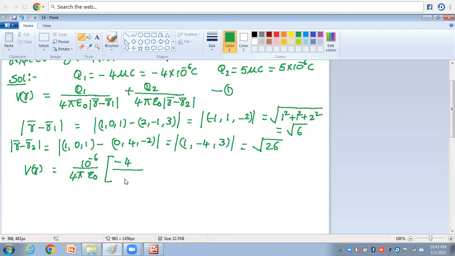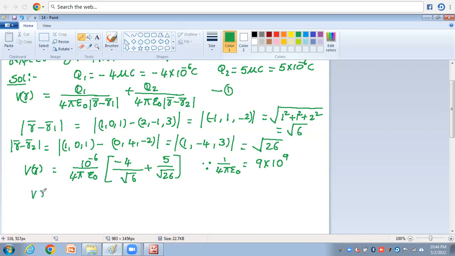The resultant is simply minus 4 by root 6 plus 5 by root 26. There is another expression, 1 by 4 pi epsilon naught equal to 9 into 10 to the power of 9 farad per meter. Then doing some mathematical part, the final resultant.